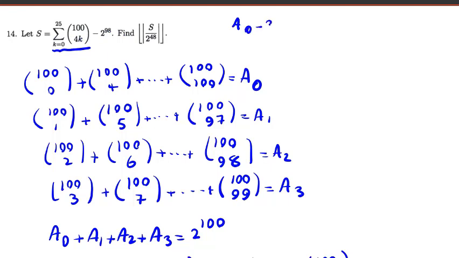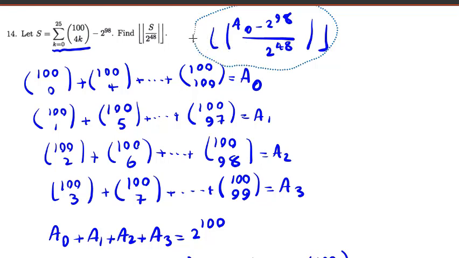So we should calculate this over 2 to the power of 48, take the absolute value, and then consider the floor of that. We should calculate this, so let's copy this part.